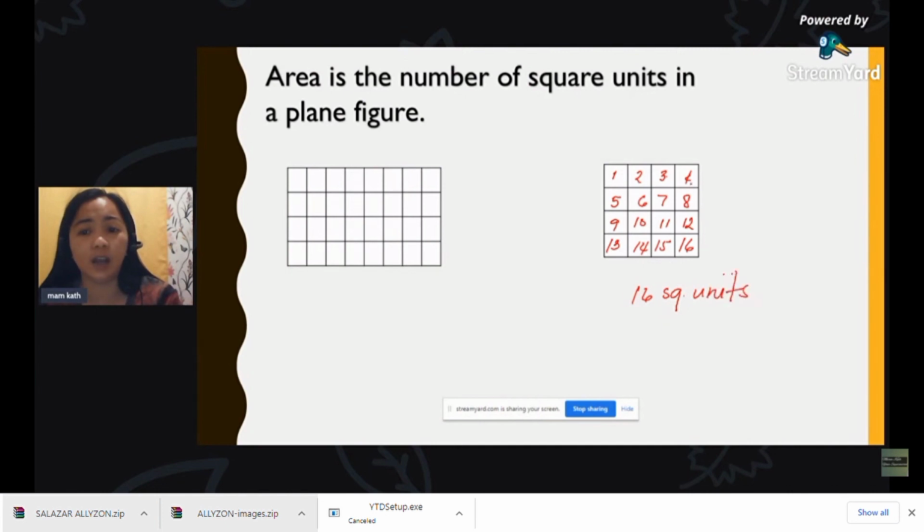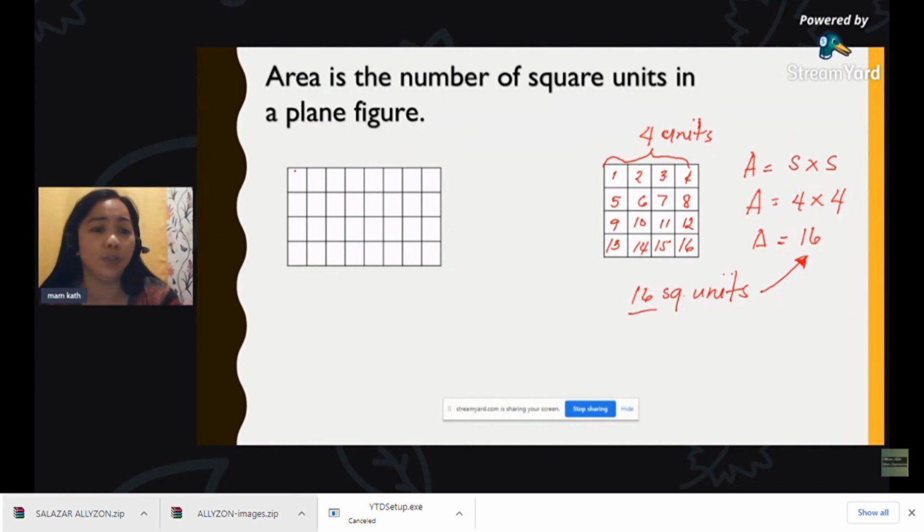The area of this square is 16 square units. Or while using our formula a while ago, area of a square is equal to side times side, and the side here is 4 units. So we can write that as 4 times 4, or that is equal to 16 square units. So that is why we have here side times side.